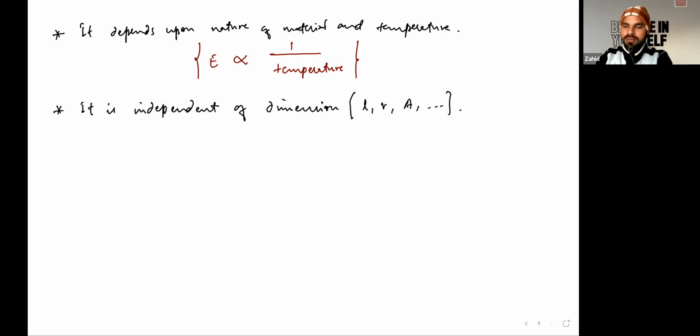Now, as modulus of elasticity equals stress divided by strain, and strain is a unitless quantity, stress having unit Newton per meter square will be equivalent to modulus of elasticity. So you can say SI unit is Newton per meter square. Okay, sir.